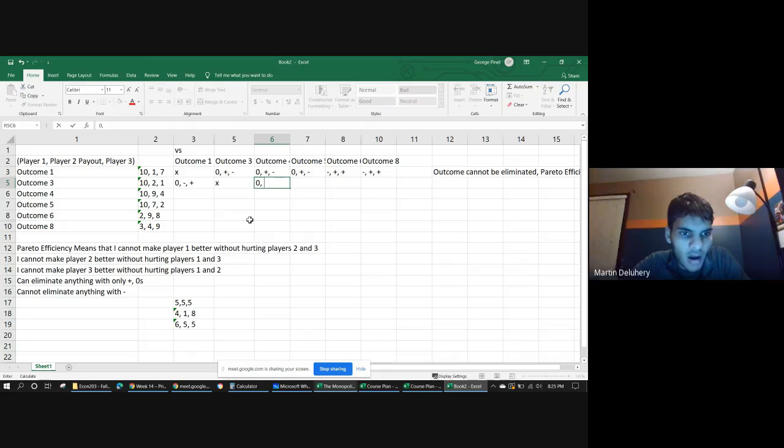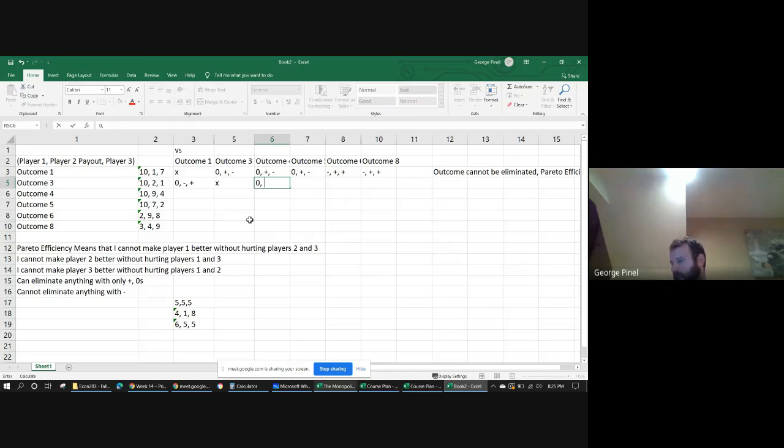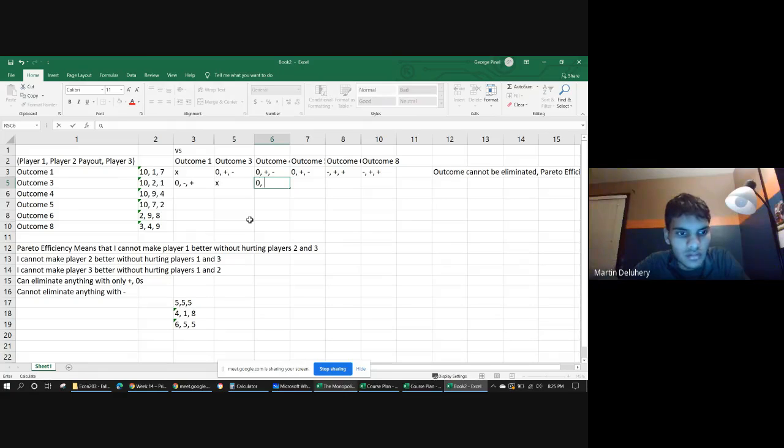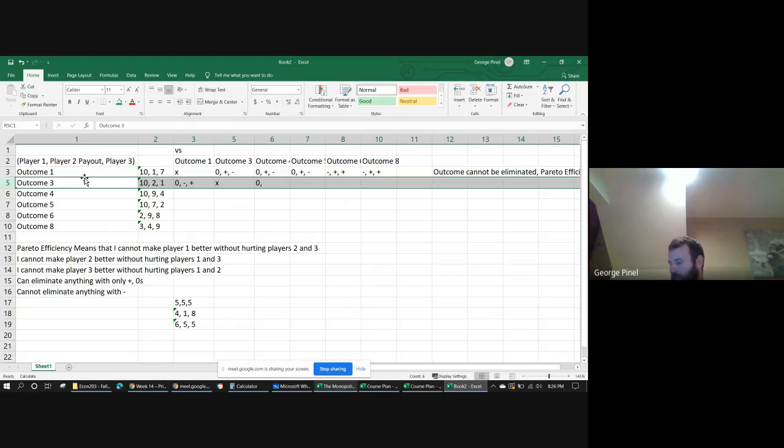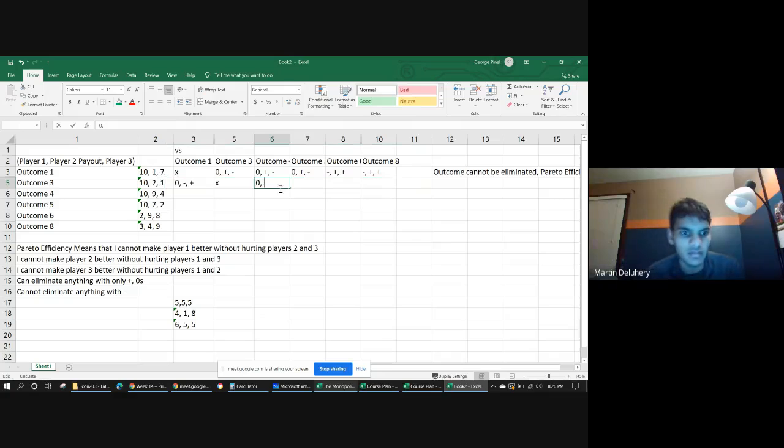If you're player 2 starting at outcome 3, going to outcome 4, you lose, or go down. It's kind of confusing the way I laid it out. But we're looking at outcome 3, and we're going to compare outcome 3 to all the other outcomes. So that one, you would gain 7, and then you would gain 3, so you would gain.